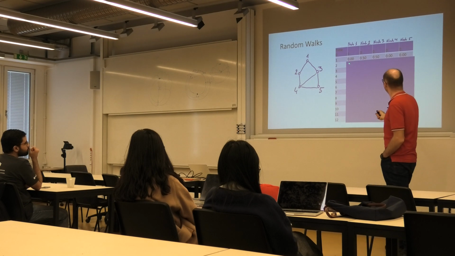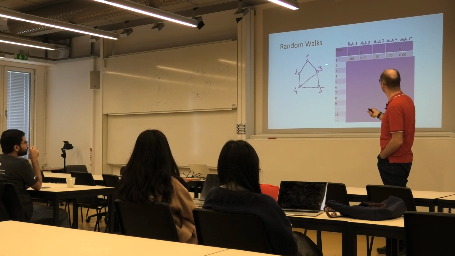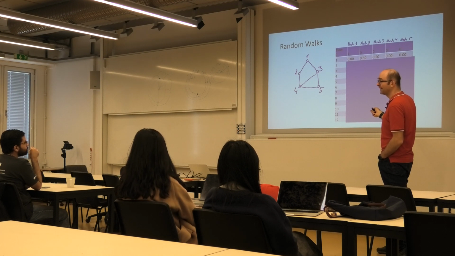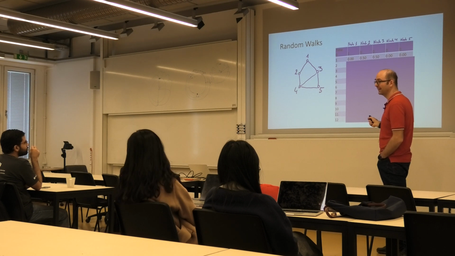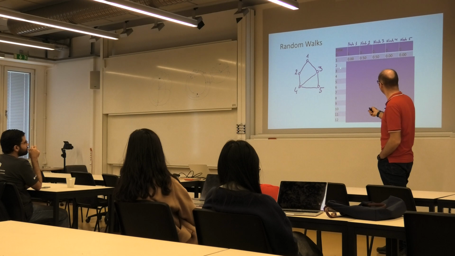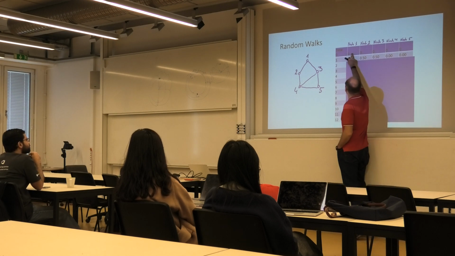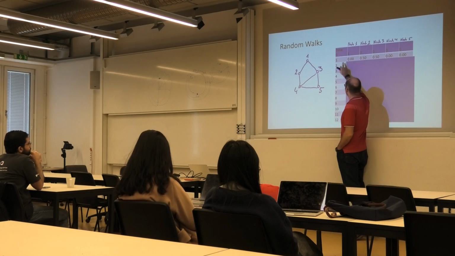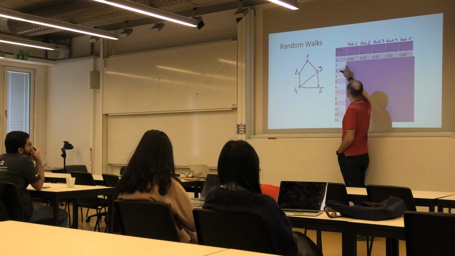Okay, let's try, what would be the probability here in the next step? 50%? Are you sure? If we start from node 2, we can go either to 1 or 4, but we are here only with probability 50%. Because now we have to see, if we started at time 1 here for sure, what would be the probability that at time 2 we are here?